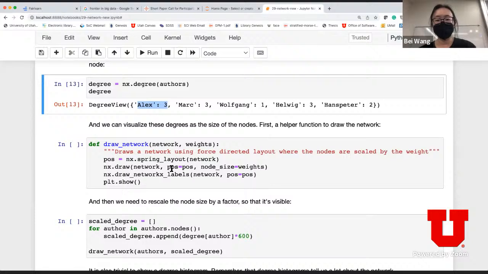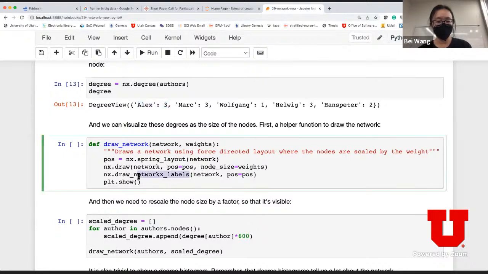You can also visualize the degree as the size of the node. Remember we said degree might be an importance measure for a network, so we can resize nodes based on degree. In this specific case, I'm going to draw the network with labels, but the node size is proportional to the weights, where the weights come from the actual degree.